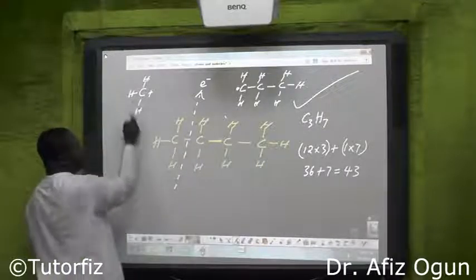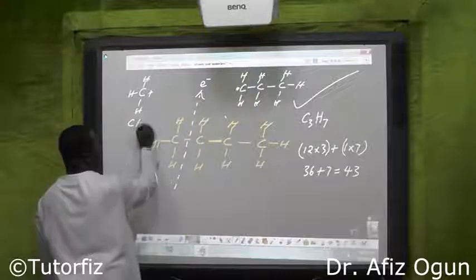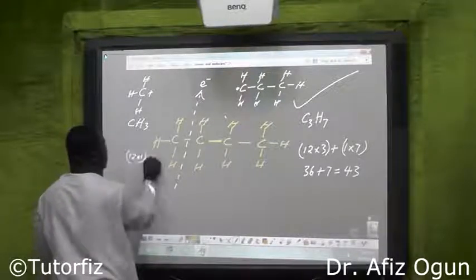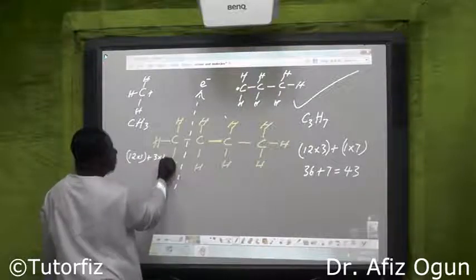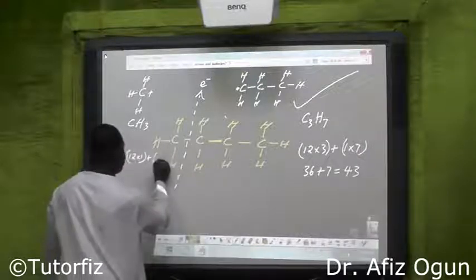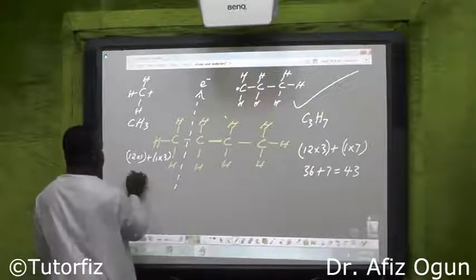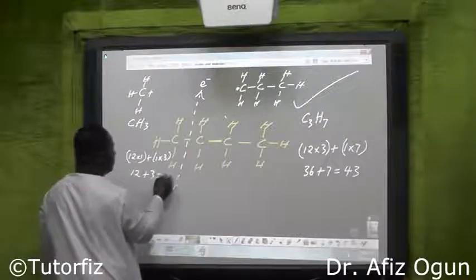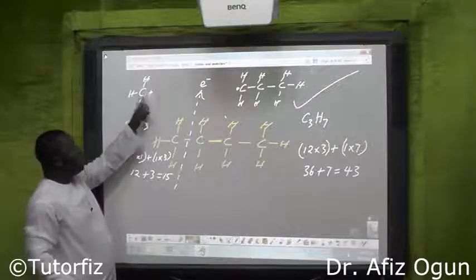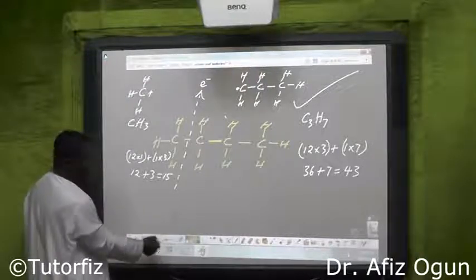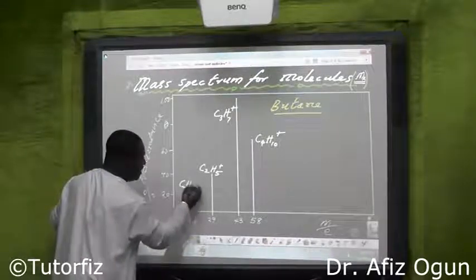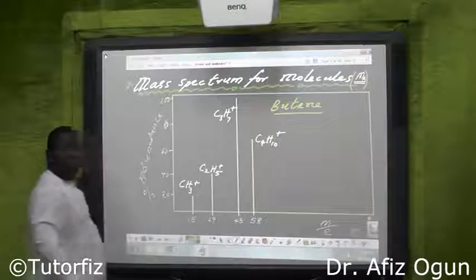So we have this, which is CH3, which is 12 times 1 plus 3 times 1. So this is 12 plus 3, this gives us 15. So that's why we have some at 15. So this is CH3 plus.